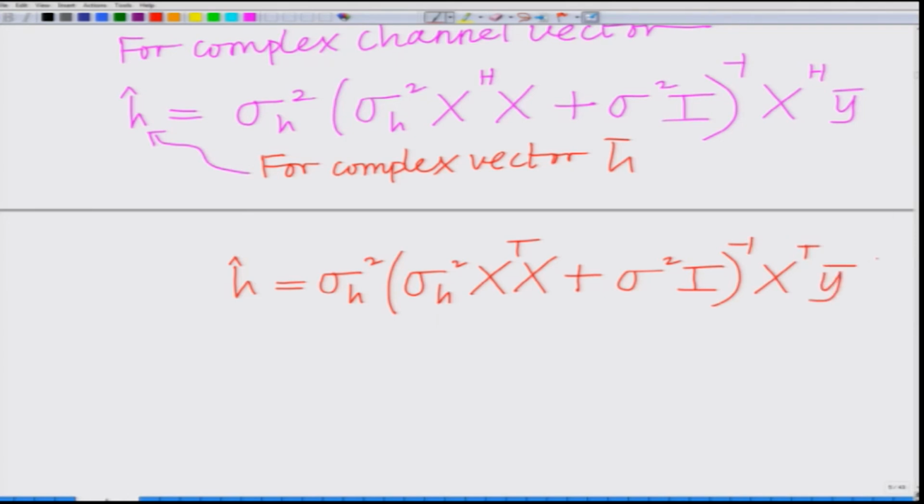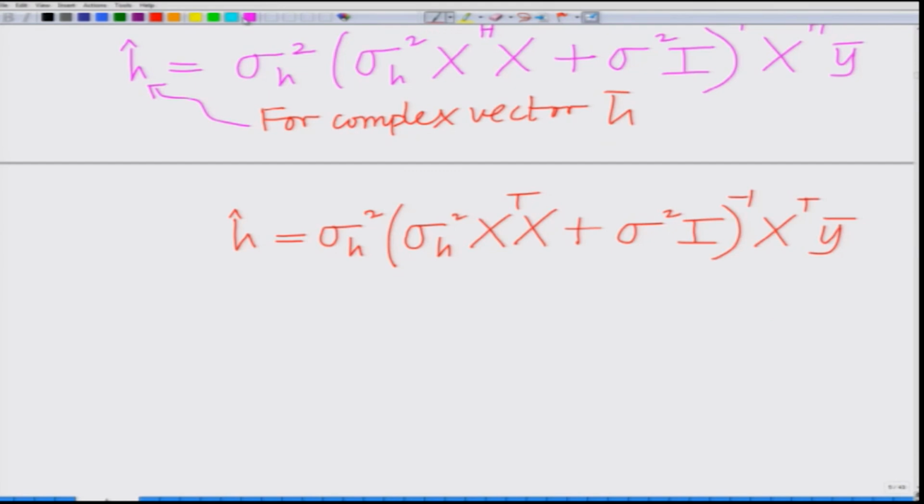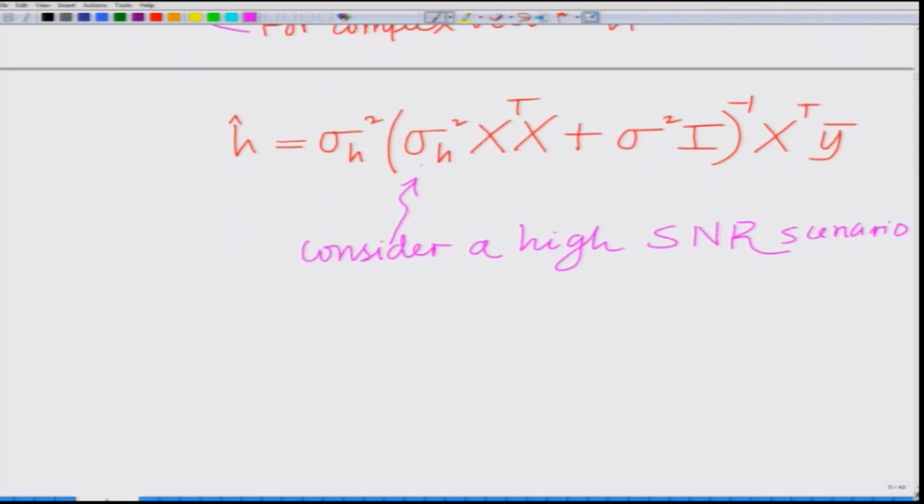Now consider the scenario where we have a high signal to noise power ratio, a high SNR scenario. In high SNR scenario, remember what will we have? The signal power is much greater than the noise power. So look at this, this is a signal component, this is your noise covariance.